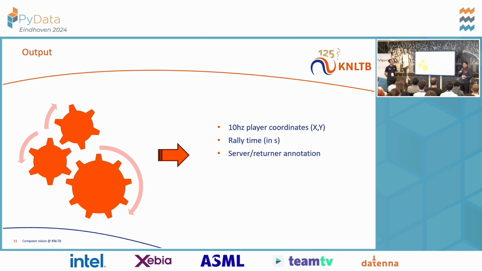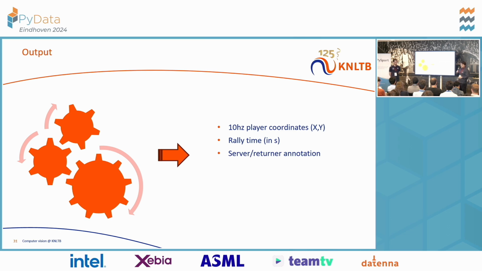We get the rally times, so we can cut out all the videos and give them to the performance analysts to then do the annotation. We can more or less cut down 2 hours of video data into maybe 20 minutes that they just look at, which saves a lot of time. Time is money. We also have the serve and return annotation already, so they need to do less annotation, which saves time.